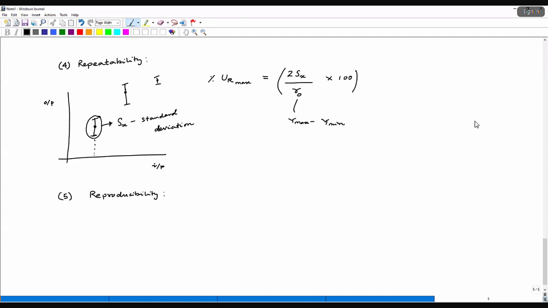Okay, so reproducibility, there is no mathematical formula as such, but how do you differentiate reproducibility from repeatability? How are repeatability and reproducibility different? If for the given input again and again the output is the same, that means the instrument is reproducible in that way.